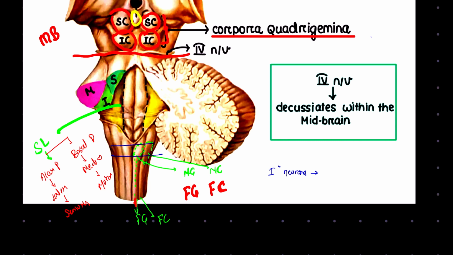These regions are also called our gracilis tubercle and cuneatus tubercle. That means the dorsal column tract that we studied previously, the first order neuron of that tract will end at the gracilis tubercle and cuneatus tubercle. That's all.